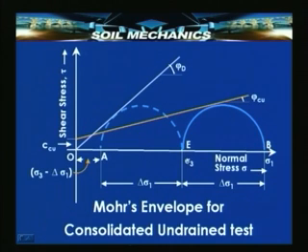Here for convenience I have only shown one such Mohr circle. If this were the common tangent to 3 such tests, this would have passed through the y axis at a point giving an intercept equal to Cu, where Cu stands for consolidated undrained. The corresponding angle of friction would be phi Cu.